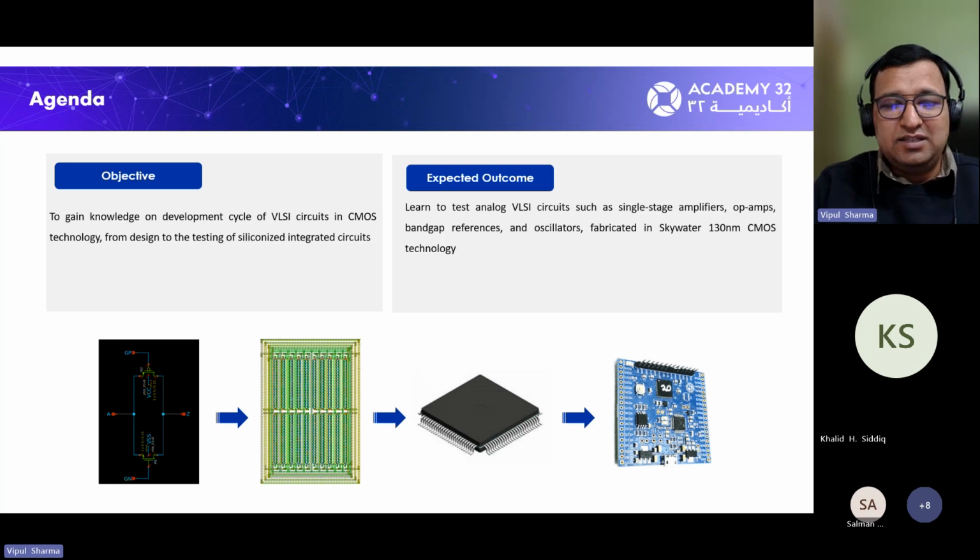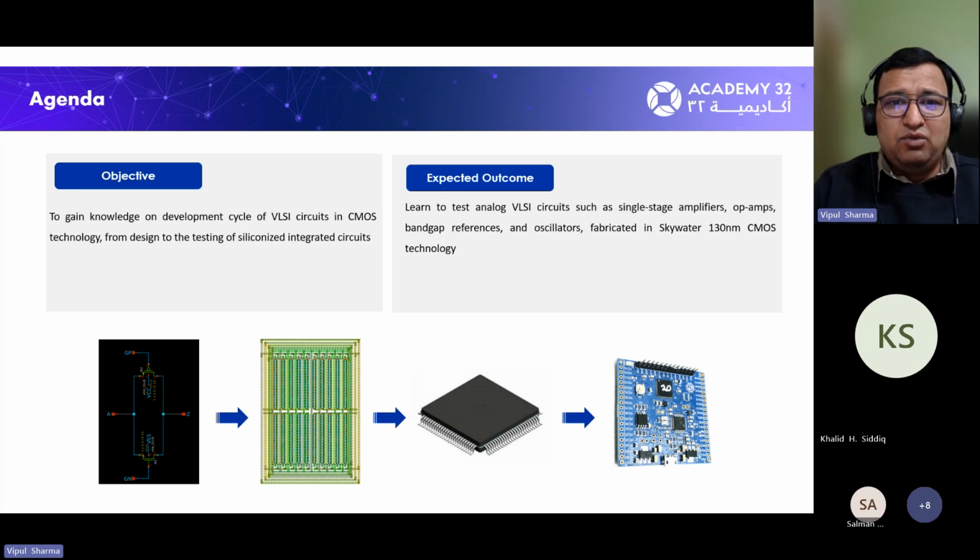Once a designer does all his design steps, tapes out his design, sends it to the fabrication unit or a foundry, and then gets back his chip, what does he need to do next? Some kind of testing needs to be done: whatever things he designed during the simulation, schematic or layout stage, are they working properly after fabrication on silicon? That is what we will try to learn during the course of this training.